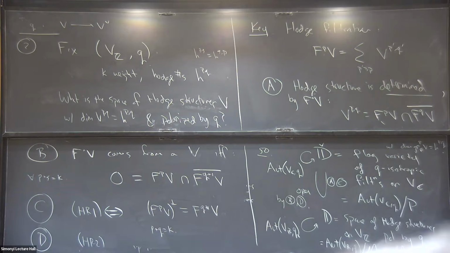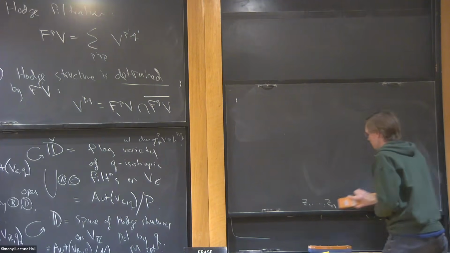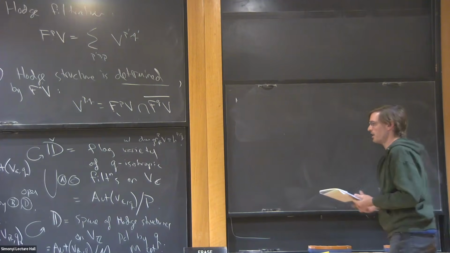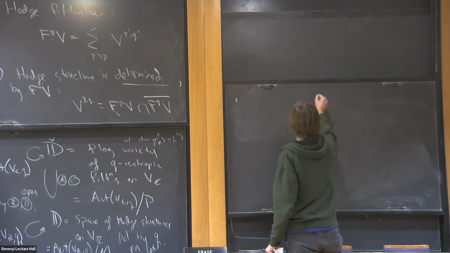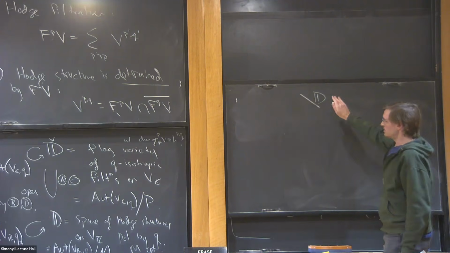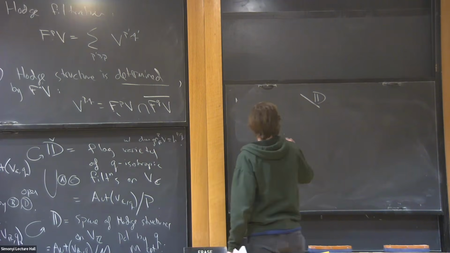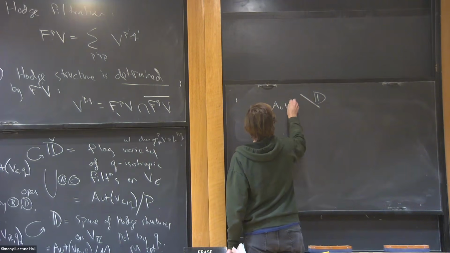Sorry, I'm brushing my things, but I want to get to a certain punchline. So that has the nice consequence, and this is where we'll pick up next time, that if I look at the space I'm actually interested in, which is Hodge structures on the fixed lattice up to integral automorphisms, that's this space.